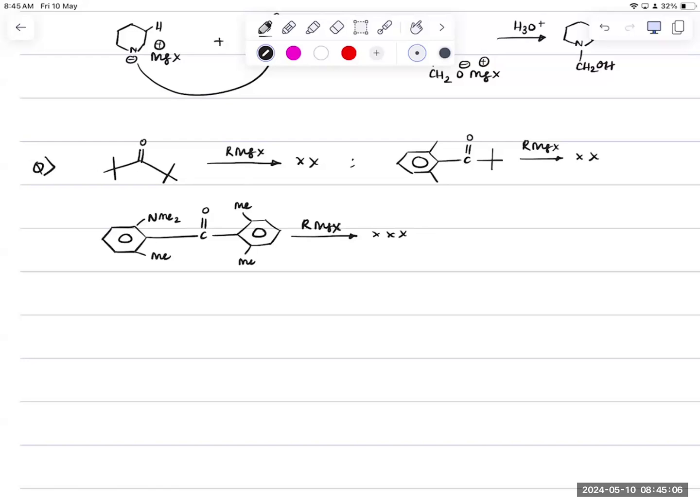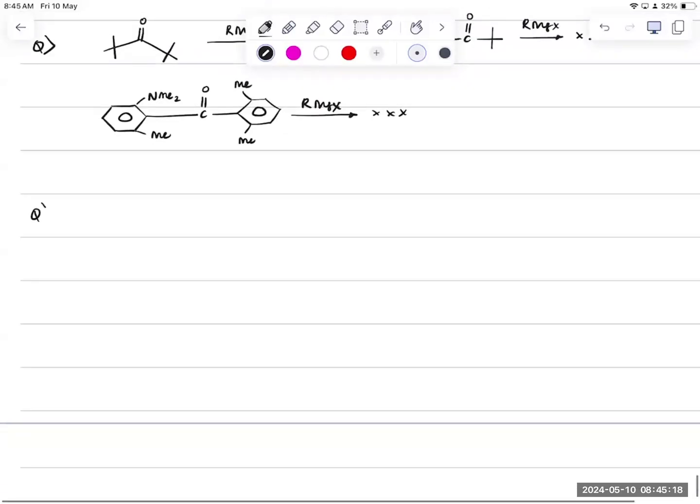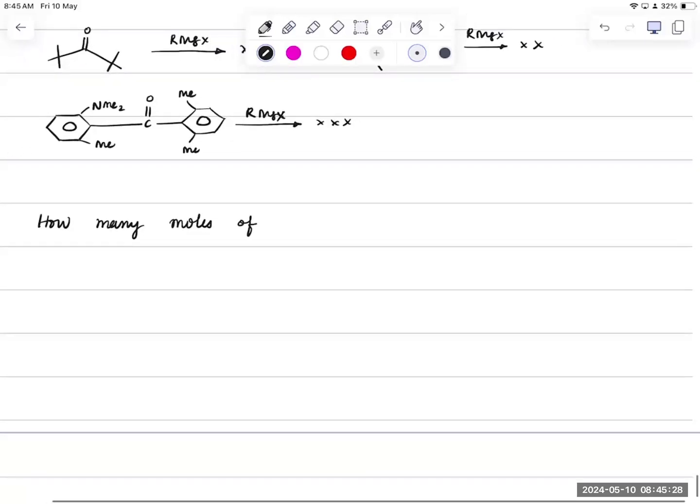Clear? Now, typically, questions that are asked on Grignard's reagent are about how many moles of aldehydes or ketones will be consumed. So the question will be like this: how many moles of RMgX in the following reaction are consumed?